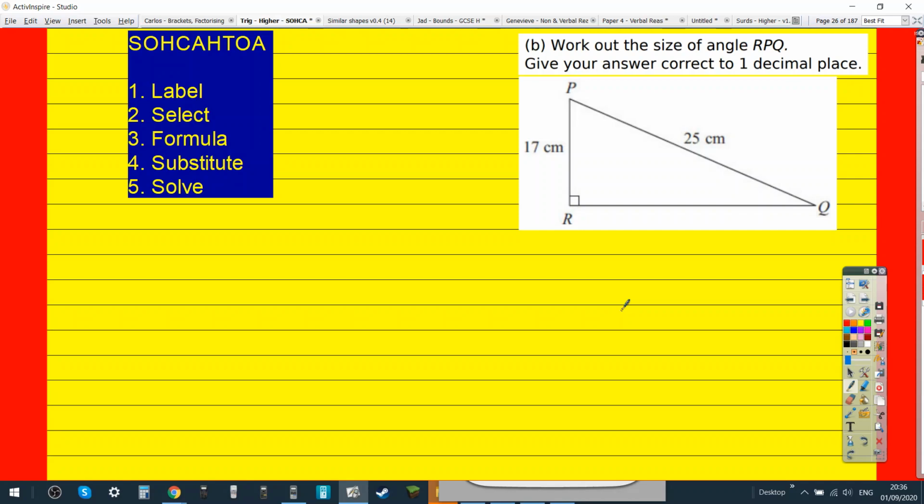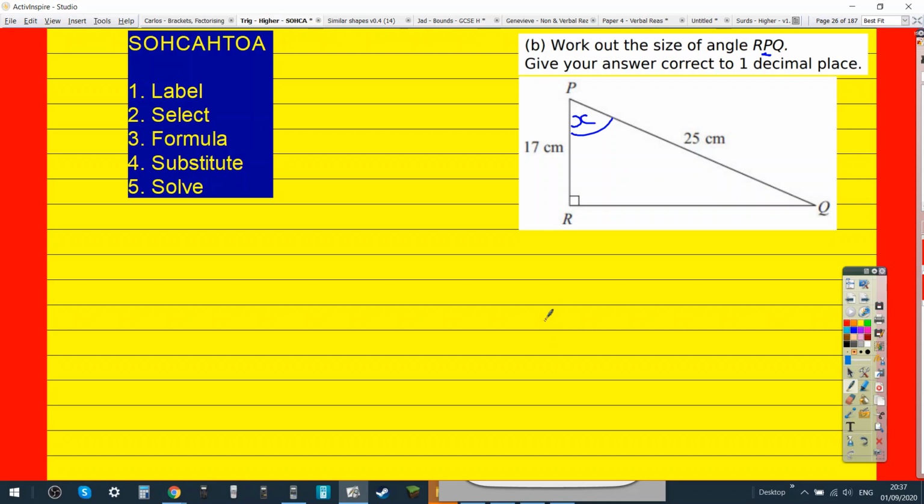So which one is that? You start at R, you go to P, you go to Q, and a quick way is the middle letter, P. So it's that one. Oh, okay. So I'll call it X or something.